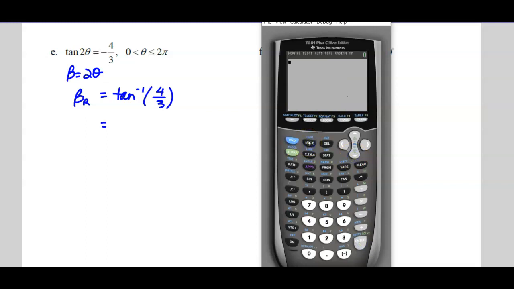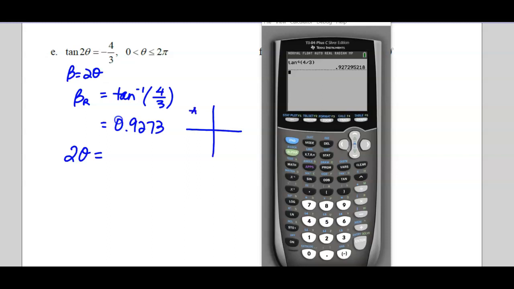Okay, so then second tan, 4 divided by 3. I'll go through decimal places. Okay, so then 2 theta equals, we've got to think, this is the reference angle.